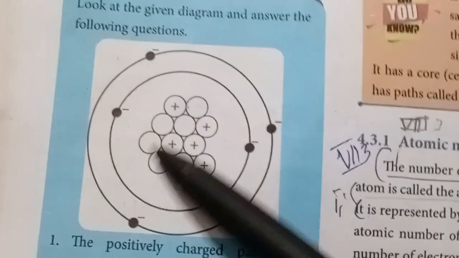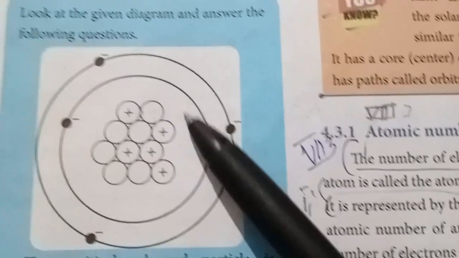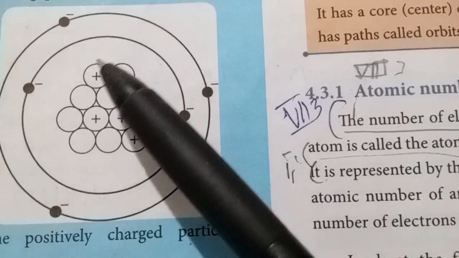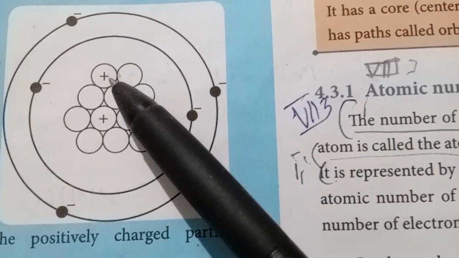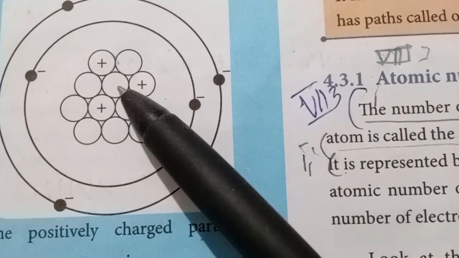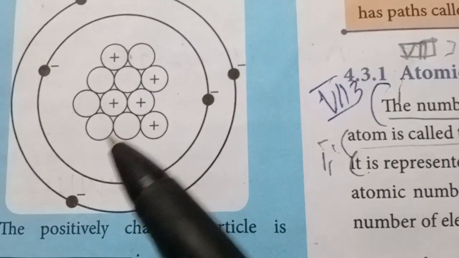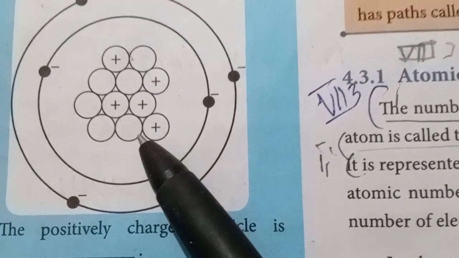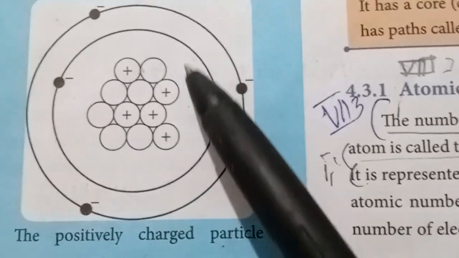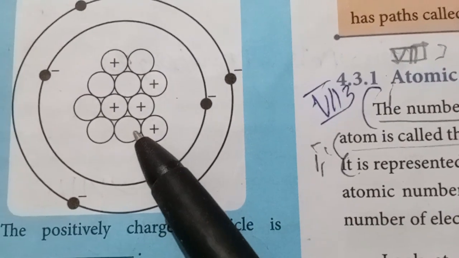In this picture we have a schematic representation of an atom structure. See, this is the nucleus of an atom that contains positively charged protons and no charged particle, that is neutrons. So the nucleus of any atom contains positively charged protons and neutral particles, neutrons.